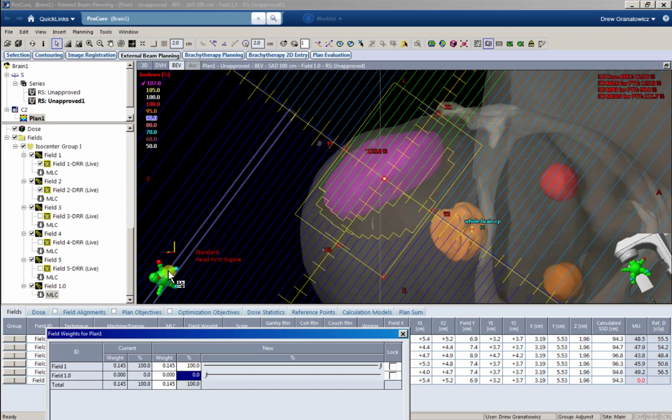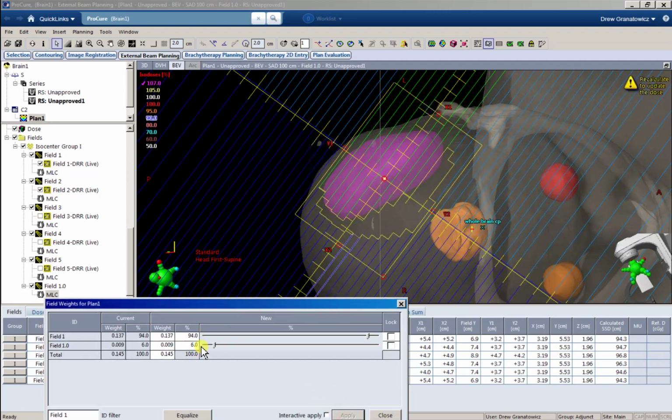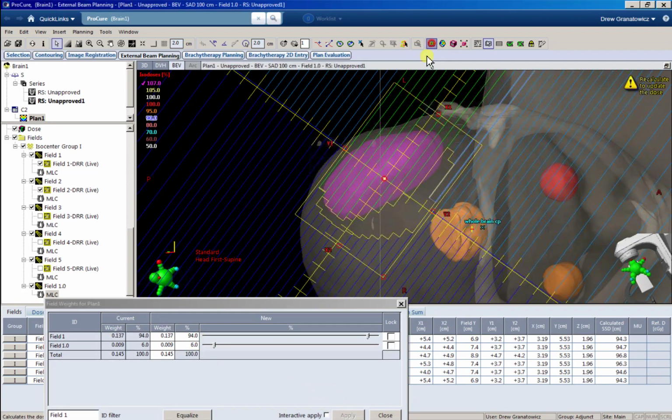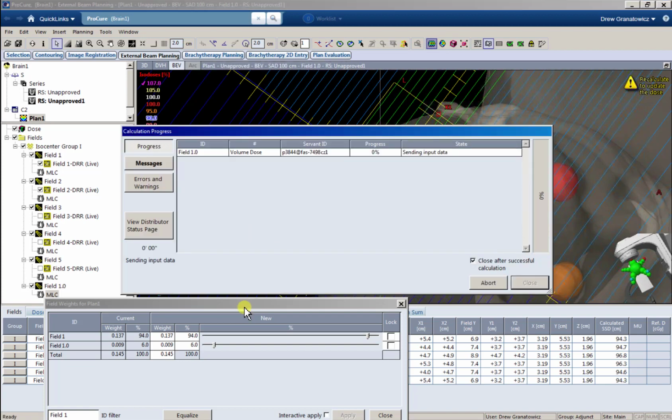Okay, so usually I tell you guys 3%. Now we have a few more fields than we're used to. So because of that, we need to use a little higher percentage. If we were using 3%, that just wouldn't be enough monitor units on that field in field. So let's try 6 and see what that gives us.